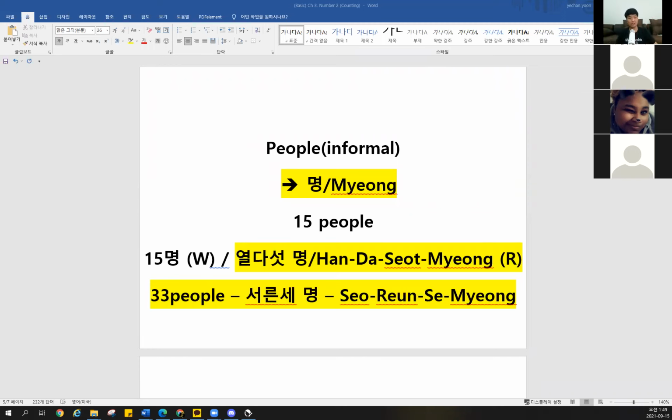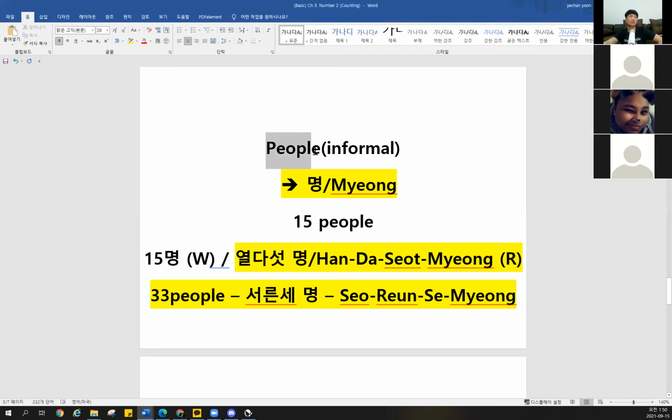So even if you are not replying with the formal counting word, there is no rude attitude, because you can still make a formal sentence. Please remember it.